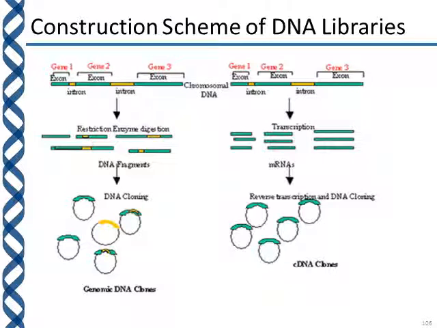These plasmids then constitute the genomic DNA clones or library. On the right, again, we show the same piece of DNA with the 3 genes. These are then transcribed to create messenger RNA. Then by the process of reverse transcription, we create cDNA, and the cDNA is cloned into the vectors. This now establishes the cDNA clone library.